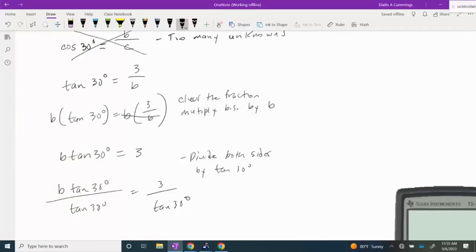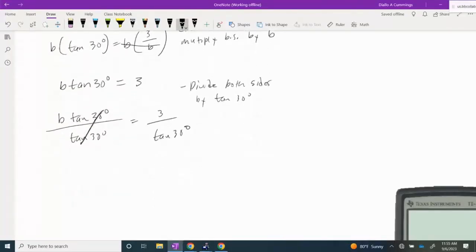On the left-hand side, the tangent of 30 degrees cancels. So B is equal to 3 divided by the tangent of 30 degrees.